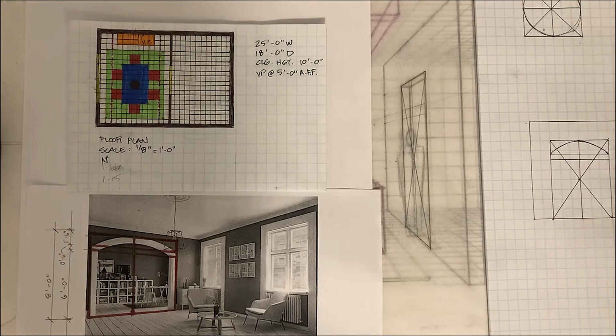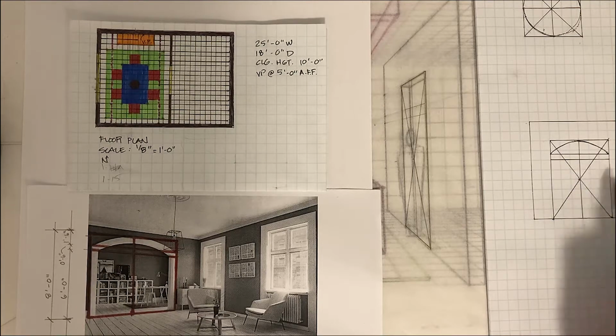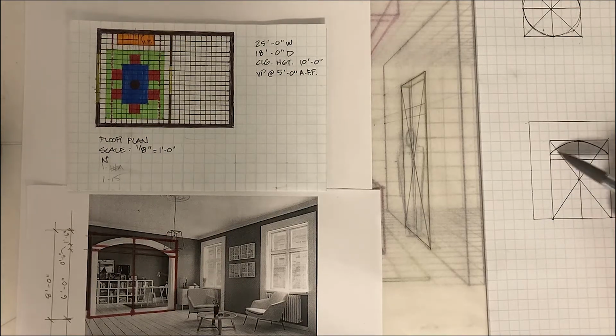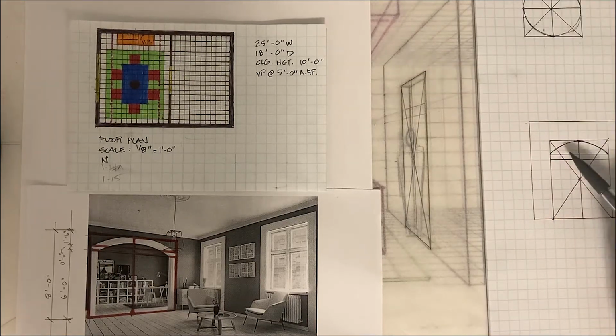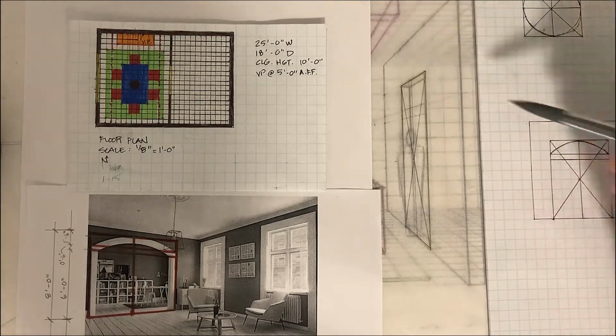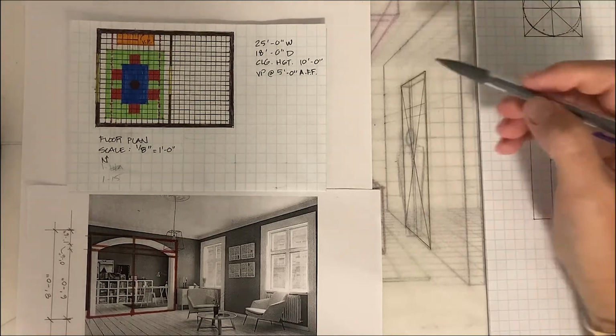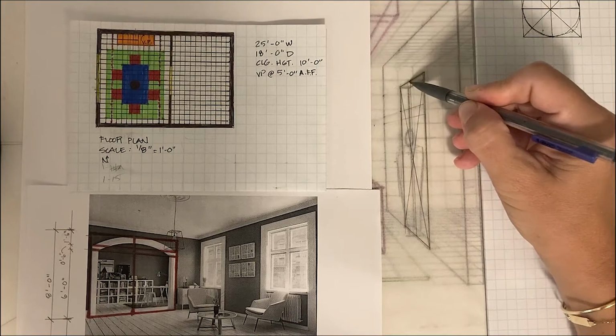Now, once you've got that, you don't really need the horizontal line here because we're not creating any sort of circle shape. But what we do have to do now, once we've got that vertical line running up here, is figure out how to draw this line and this line. Now, this arc right here is going to be tricky, right? Because it starts right here and it ends right here.